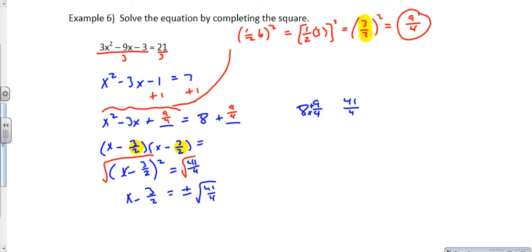Okay, so then I'm going to add 3/2, and we get x equals 3/2 plus or minus the square root of 41/4. Now we can go to decimals. 1.5 plus or minus the square root of 41/4. If I type that in my calculator, I get 3.202.